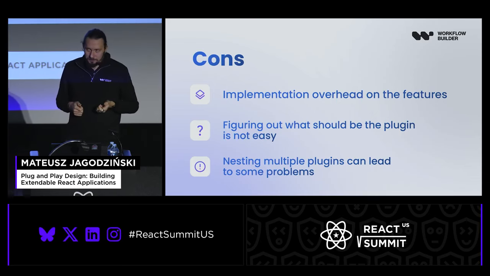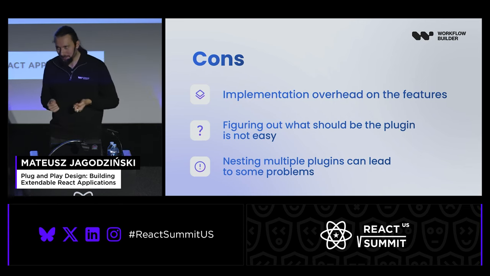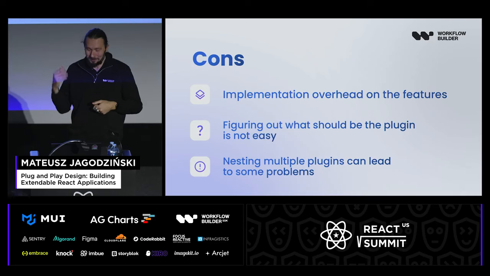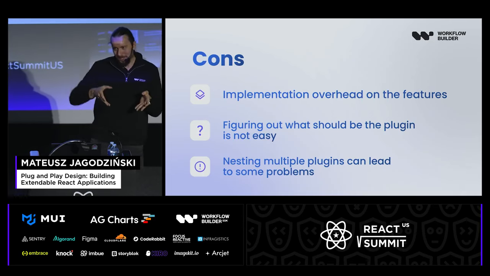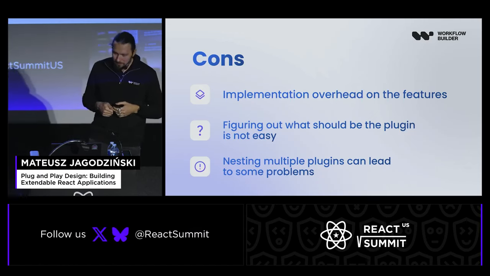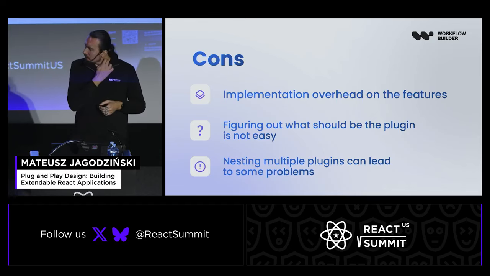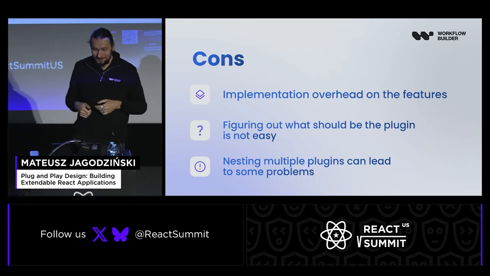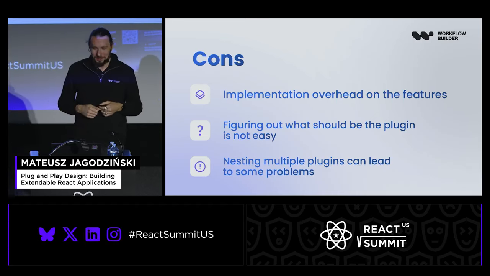The next thing, figuring out what should be the plugin is not an easy thing, right? It's an architectural discussion that we had to figure out. Okay, what is the actual core of the application, and where do the plugins come in? This separation is not obvious. And as we found out with iterating over this solution, when we started nesting multiple plugins, it could lead to some problems.